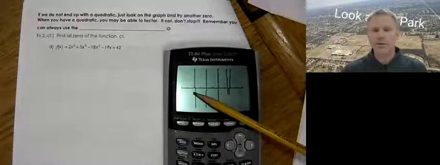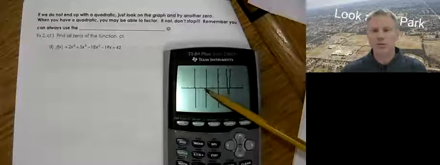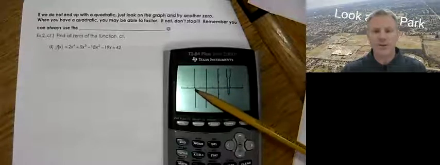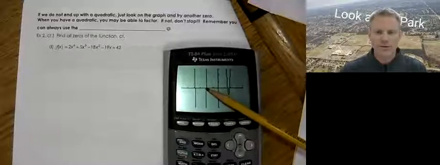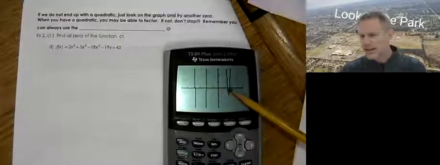This seems to be pretty close to -4. Maybe it's -4, but pretty close to it. This one seems to be right on -2. These seem to be in between 1 and 2. Maybe this is halfway in between 1 and 2, and this one is pretty darn close to 2. Maybe it's exactly 2, but it's pretty close.